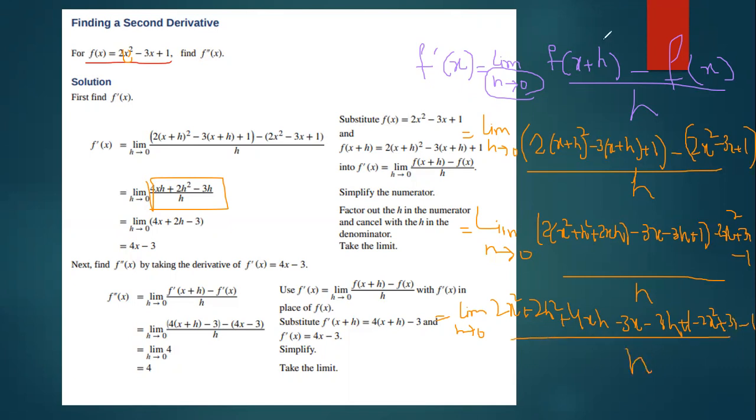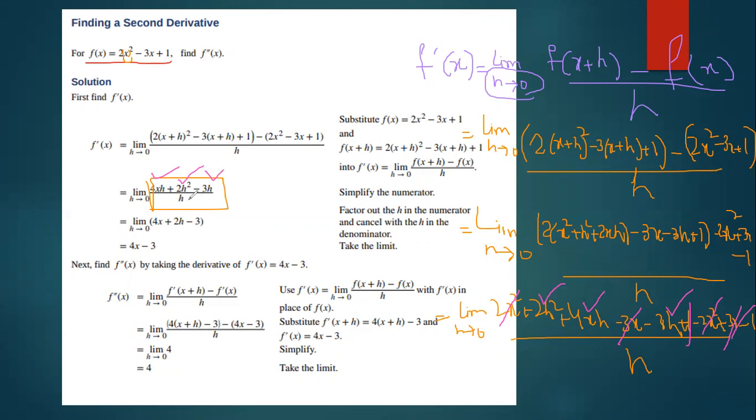Now cut some parts. This 2x square will be cut with minus 2x square. This minus 3x will be cut with plus 3x. This plus 1 will be cut with minus 1. So there are three parts: first is 4xh, then 2h square, and minus 3h, divided by h.